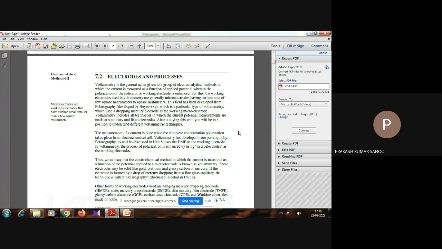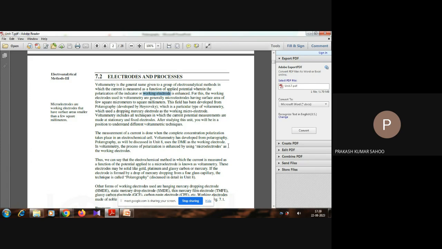So current is determined, that is the unknown parameter here, and it is measured as a function of the potential difference that arises due to polarization of the indicator or working electrode. That is mainly the working electrode at the cathode, in which the metal is supposed to be deposited.